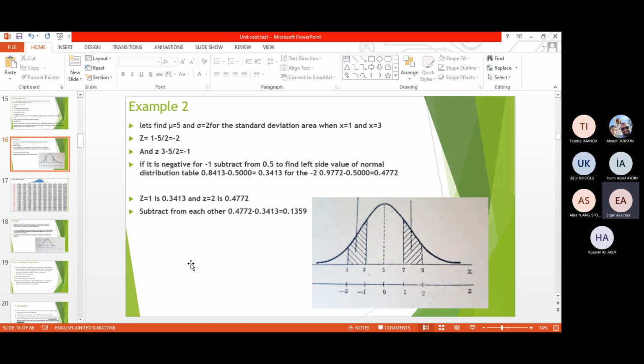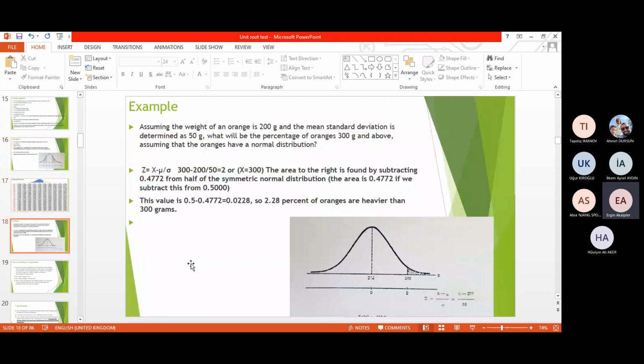Then this will give you 0.4772. And when you subtract these two numbers from each other, 0.4772 minus 0.3413 will give you 0.1359, which is then the number between these two areas, on the left side and on the right side. Then this gives you these standard deviations.